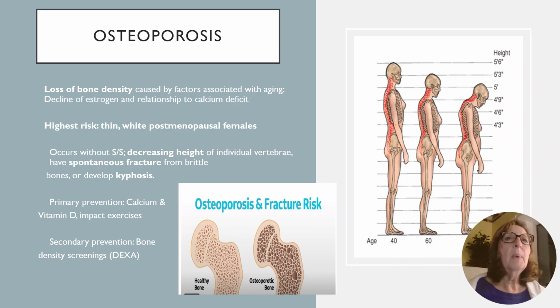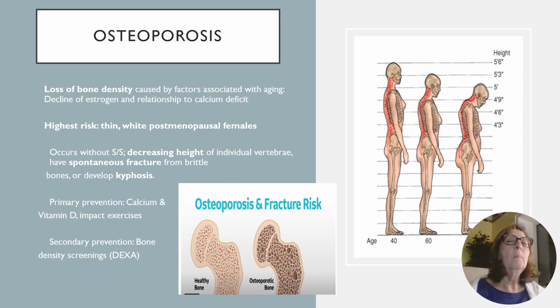When we talk about signs and symptoms, one of them is the decreasing height of the individual vertebrae. So this is where the patient starts to get shorter from the pelvic area to the shoulders. The spinal processes get smaller. Usually not a lot of pain develops when this happens, usually, but not always.